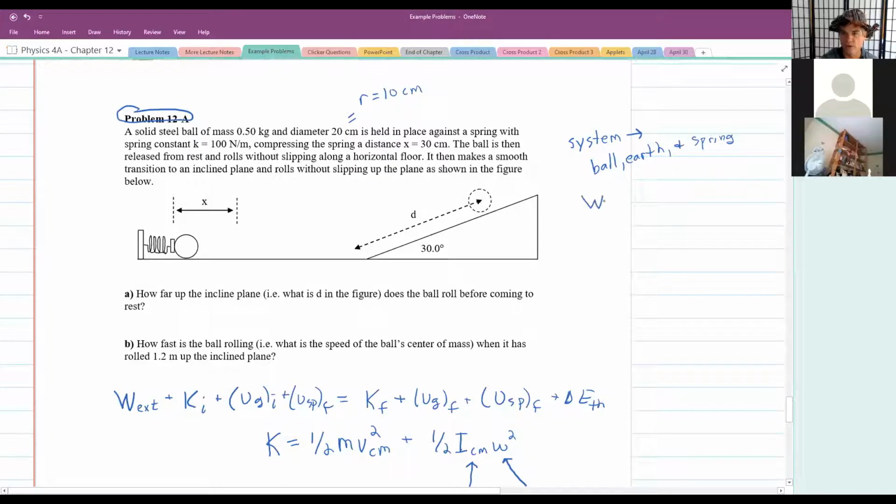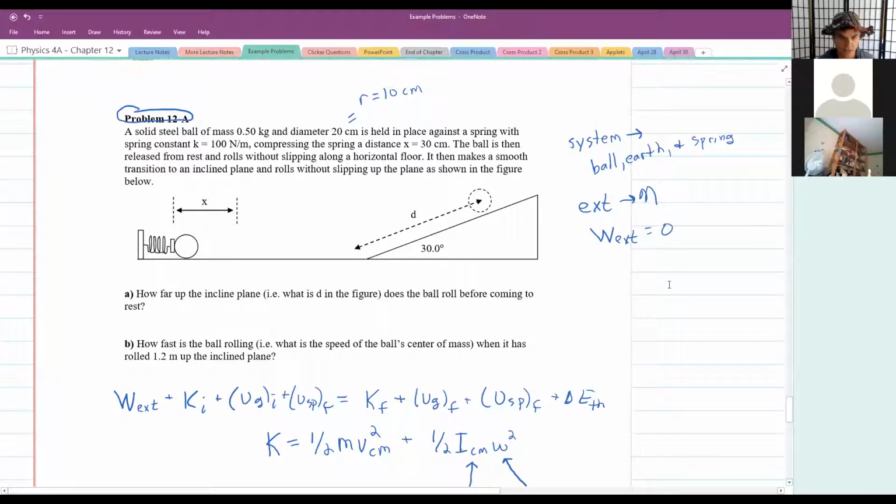In that case, there are external forces acting. I do have as an external force the normal force acting on the ball. But the work done by the normal force is going to be equal to 0 because the normal force is always perpendicular to the displacement.